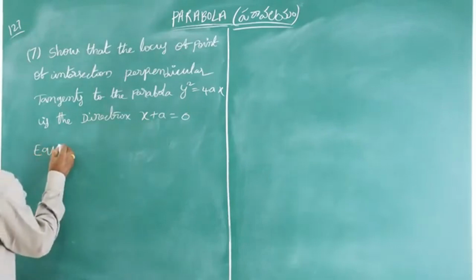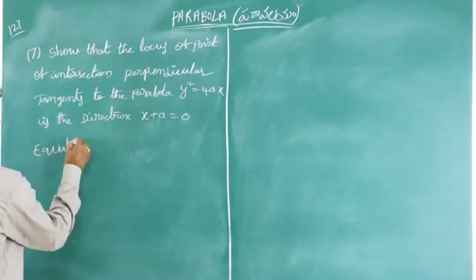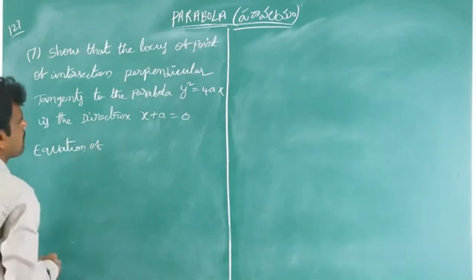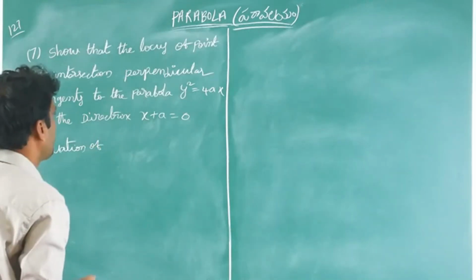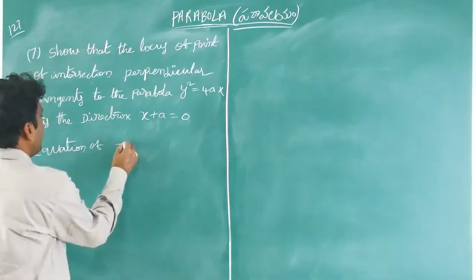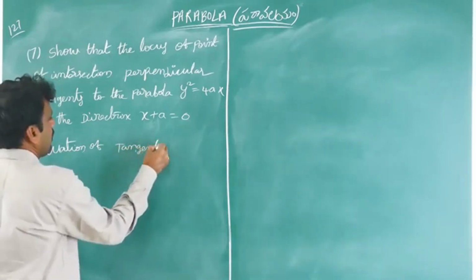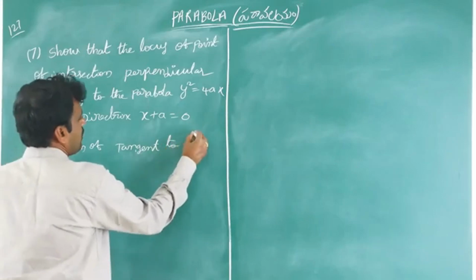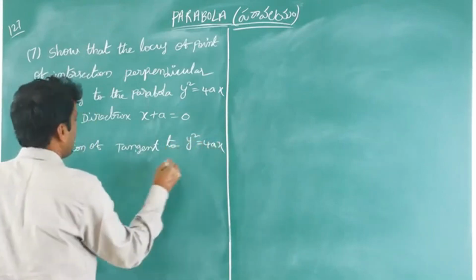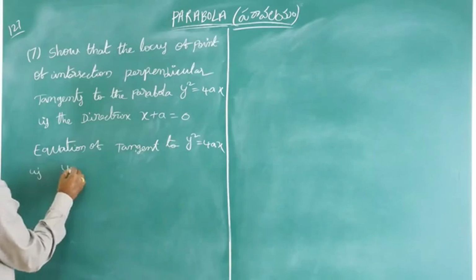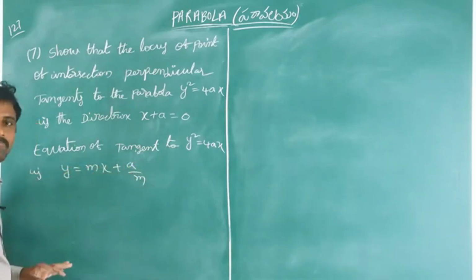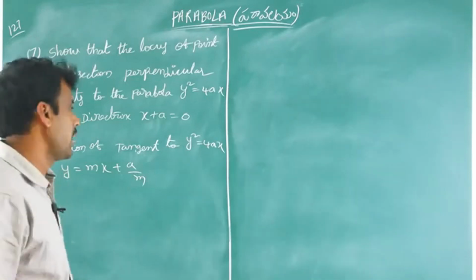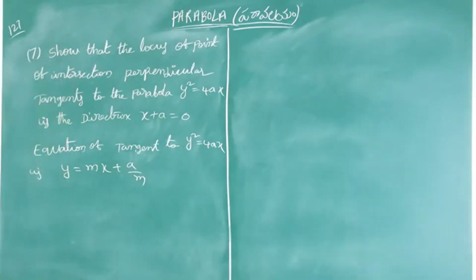Equation of tangent to y² = 4ax is y = mx + a/m, because c = a/m. Next, another tangent is perpendicular.